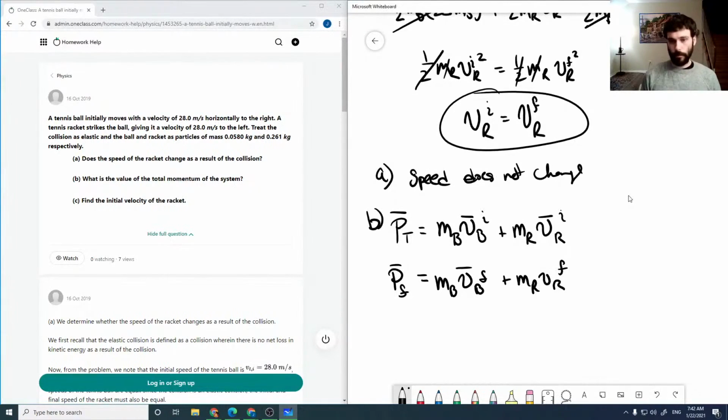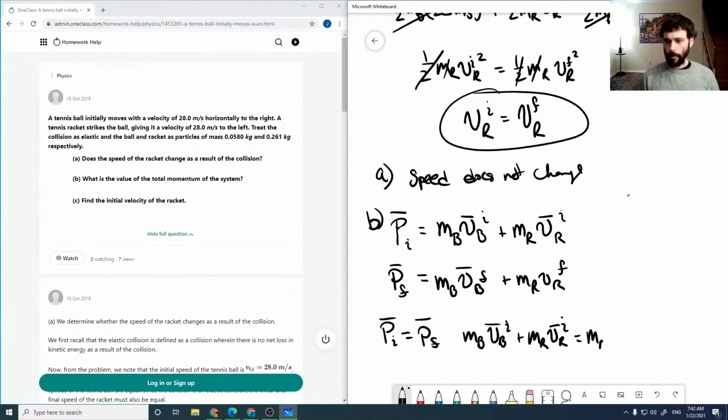And so we know that PI equals PF. I'm just going to change that from total to I. So mass of our ball, velocity of our ball initially, plus the mass of our racket, velocity of our racket initially, is equal to mass of the ball, V ball finally, plus mass of our racket, velocity of our racket finally.